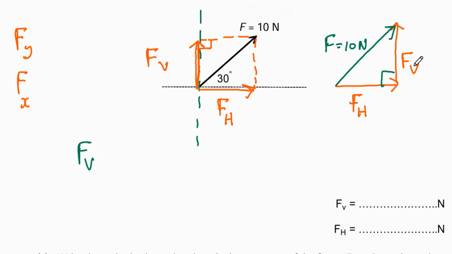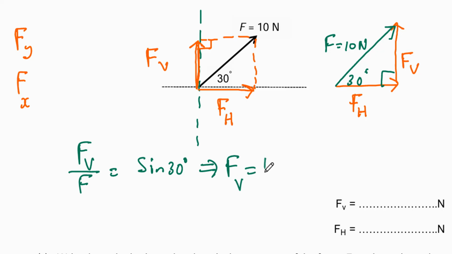So we know that FV over F is the sine of the angle 30. And so we can find FV, making it the subject, is going to be F sine 30. And so 10 times the sine of 30. On a calculator, this comes to 5 newtons.